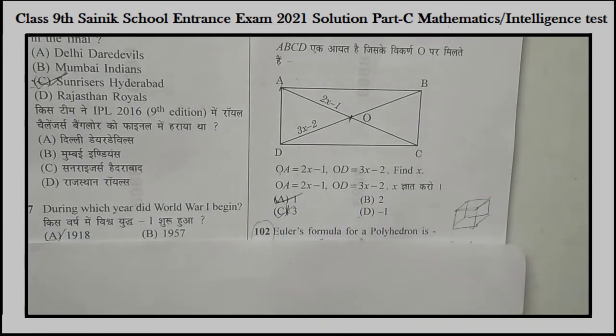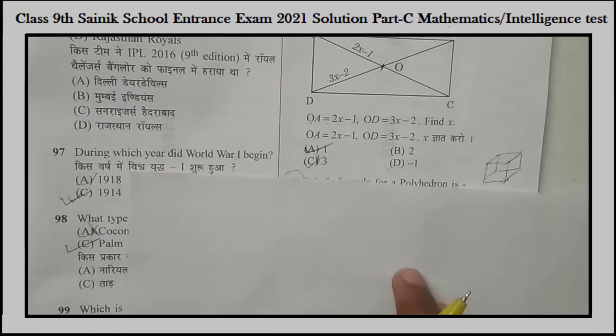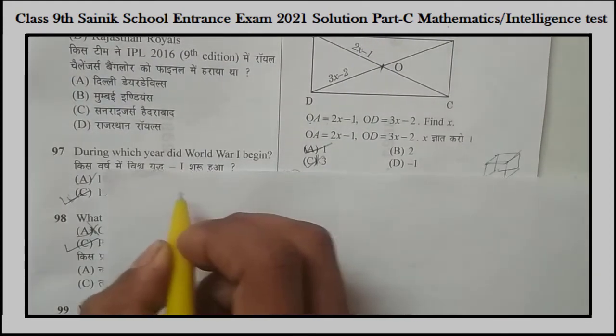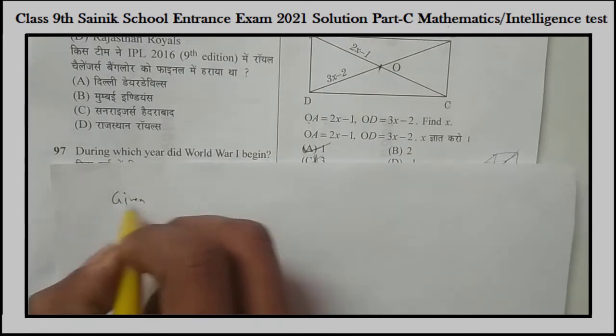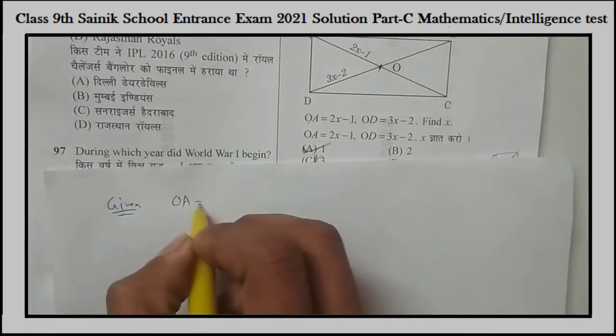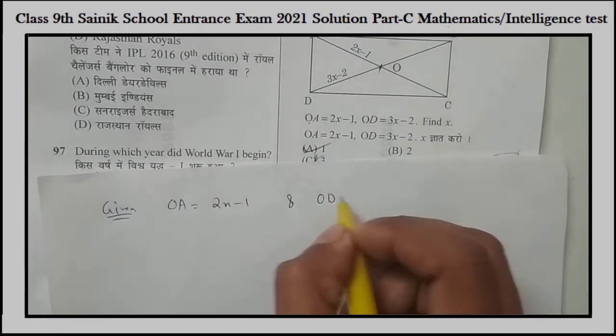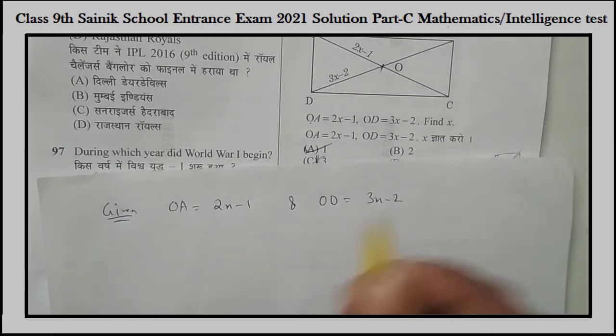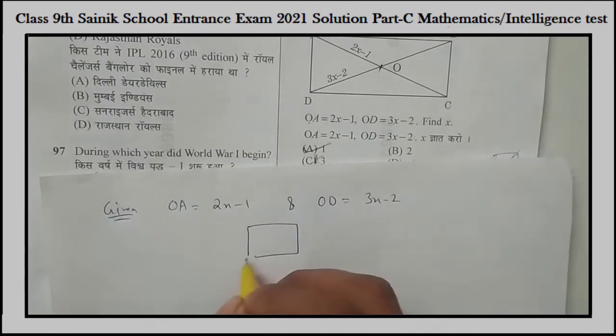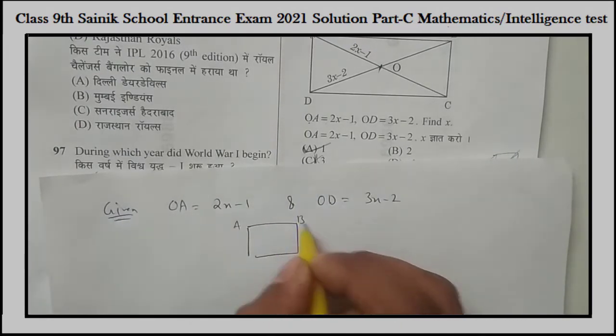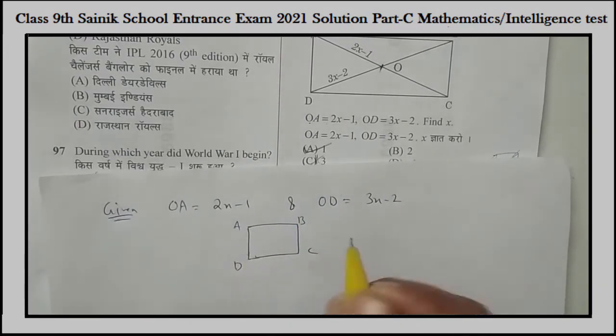Now the question arises, how can we solve it? So let's see what is given. OA is equal to 2x minus 1 and OD is equal to 3x minus 2, and this ABCD is a rectangle.